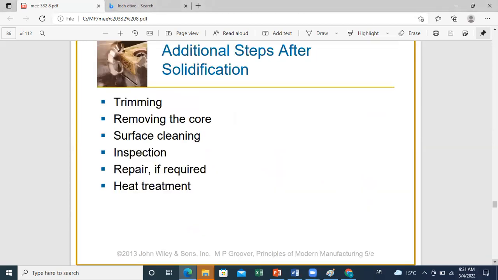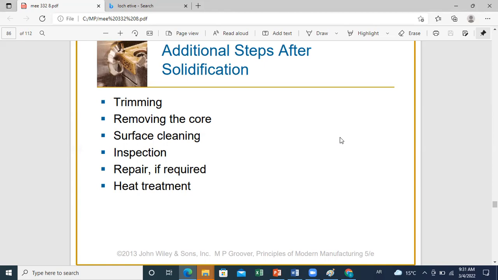Now, we have several steps to do after solidification of the cast. As we mentioned before, whenever you use a closed mold, you have several parts that should be trimmed at the end: the risers, the channels for pouring. You will have remaining material when you open your mold, and you should trim these parts in order to get your final desired cast.